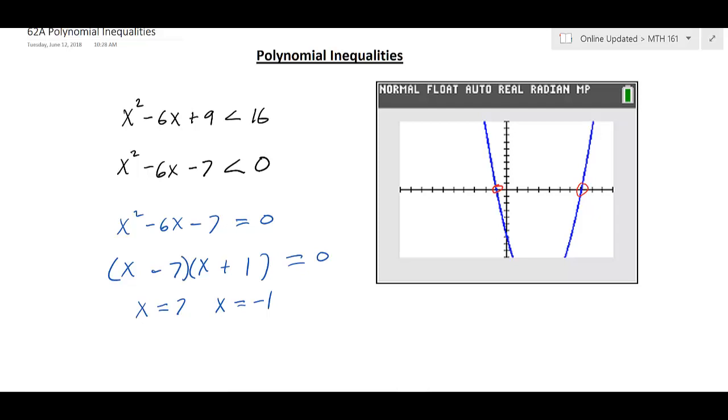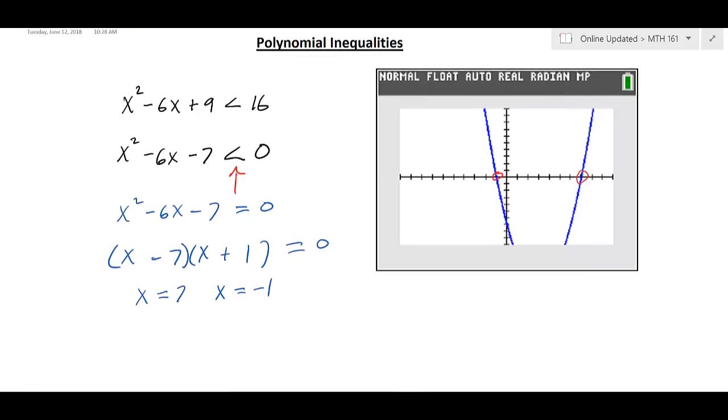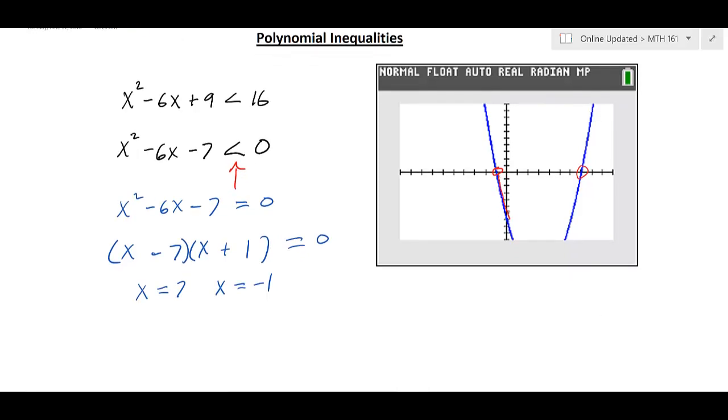Well, for our problem though, we're not looking at values that are equal to 0. We're looking at where the graph is strictly less than 0. Well, that's going to occur anywhere here, and we know this is going to come down here somewhere, continue, and all the way back up to here. So what values of x are going to make this less than 0? Well, we identified this as negative 1, this point as a positive 7.